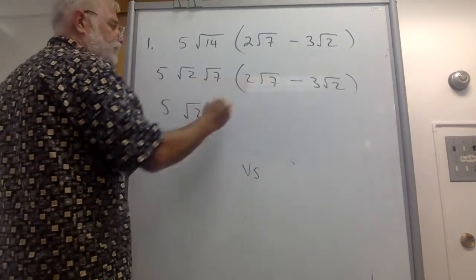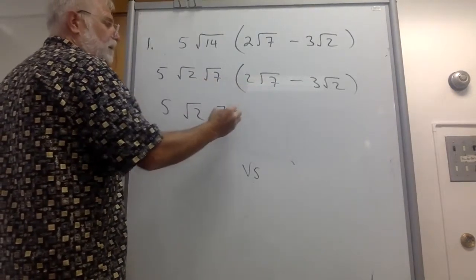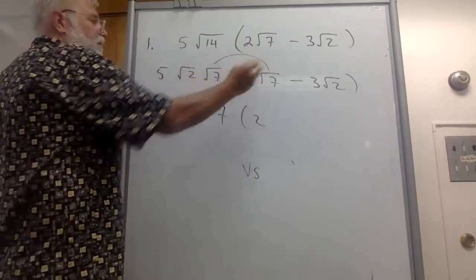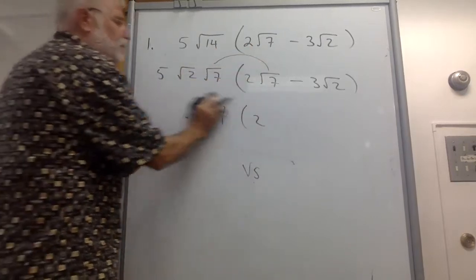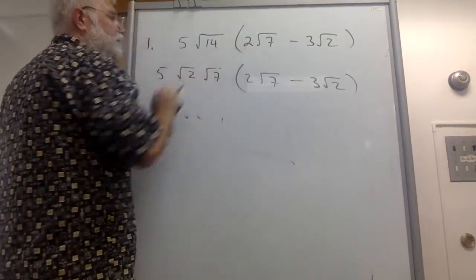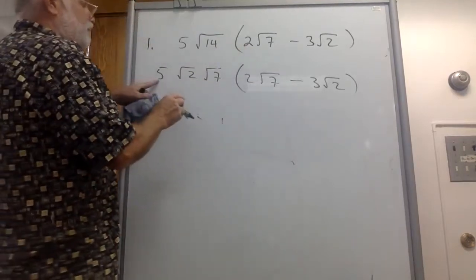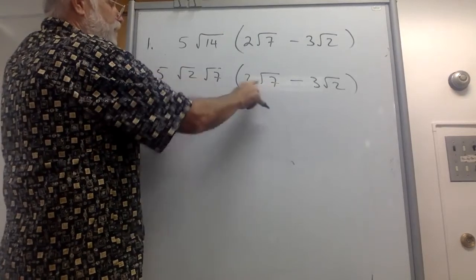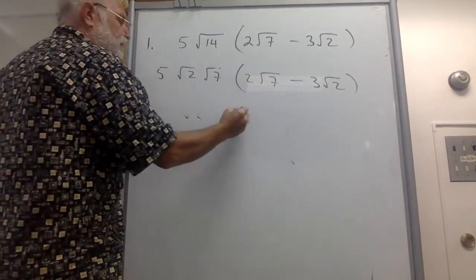Root 7 times root 7 is 7 times 2. That's kind of what I'm going to get. I'm doing that multiplication. Okay, let's go try it a different way. Let's just do it in our heads. I'm going to get 5 times 7, 35 times 2, 70 root 2.